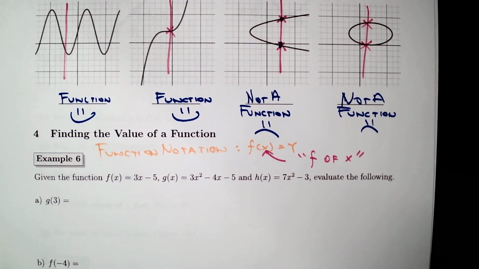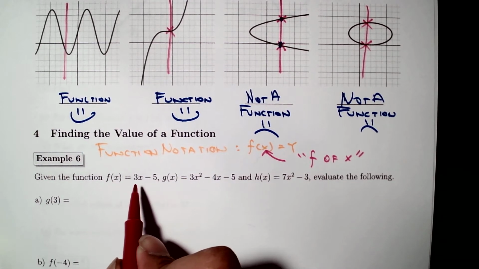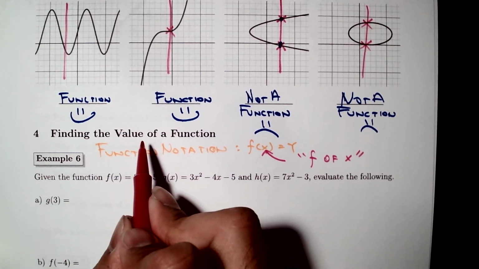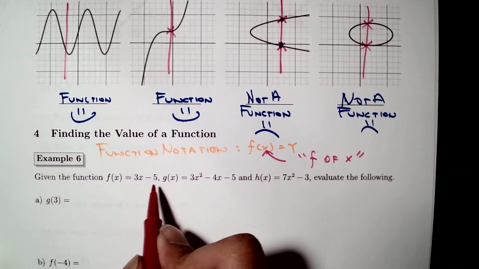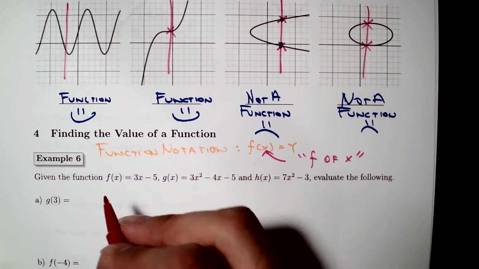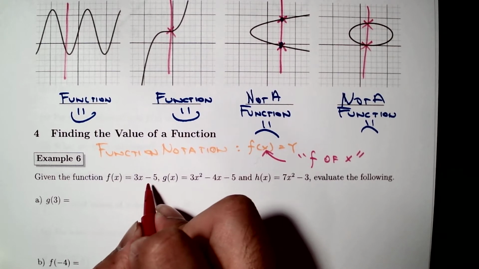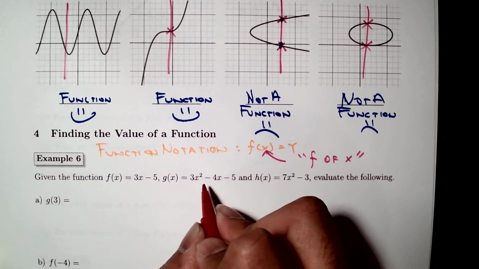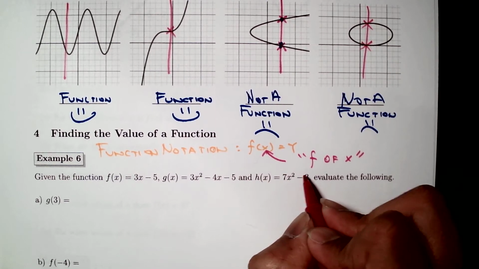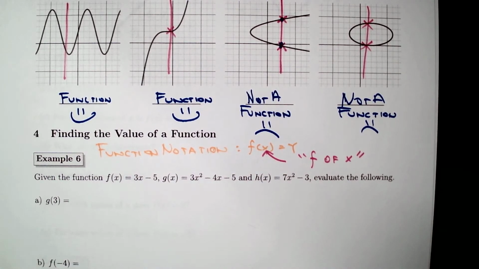So this is called function notation, and this is just to make the reader think that we're working in function notation. Otherwise, it would have been y equals 3x minus 5, y equals 3x squared minus 4x minus 5, and y equals 7x squared minus 3.